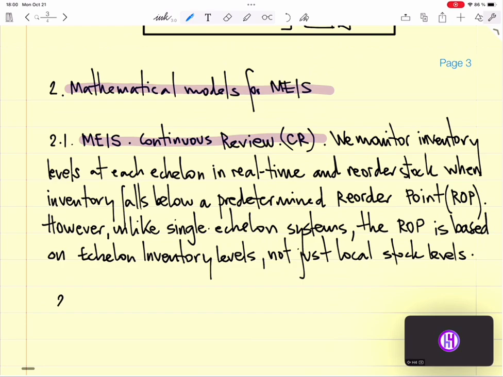So how to deal with that? Reorder point for multi-echelon inventory systems.